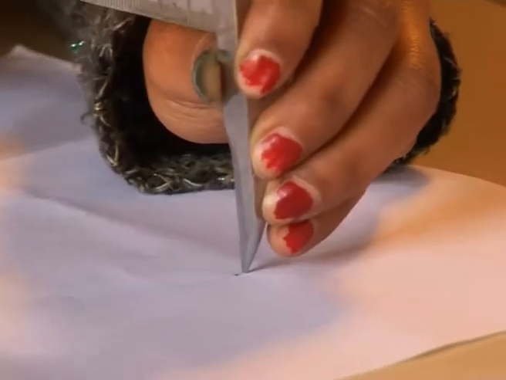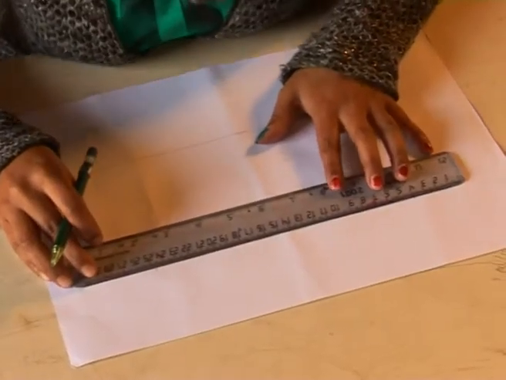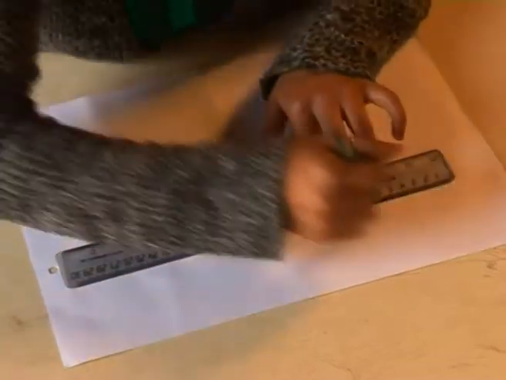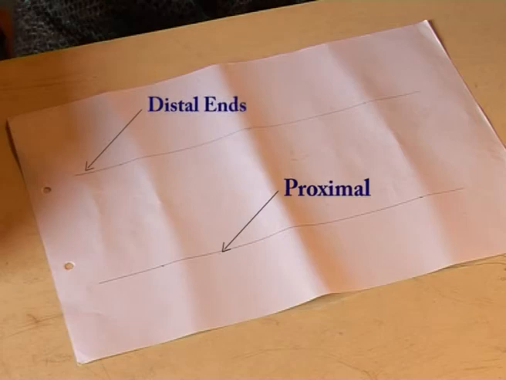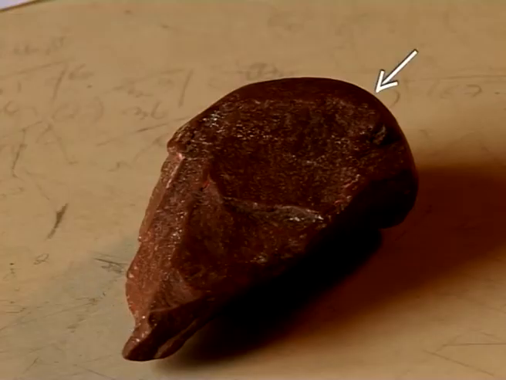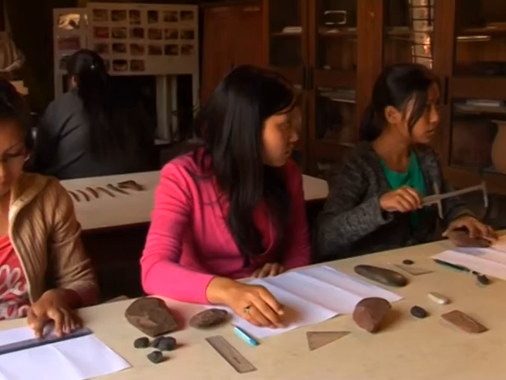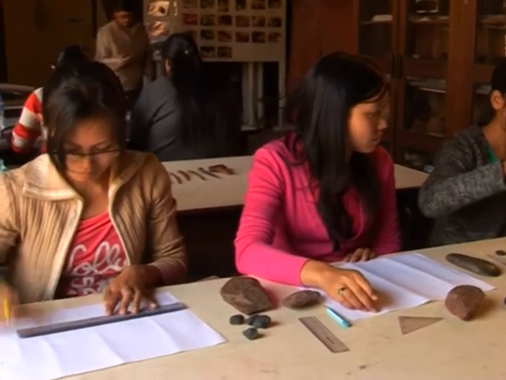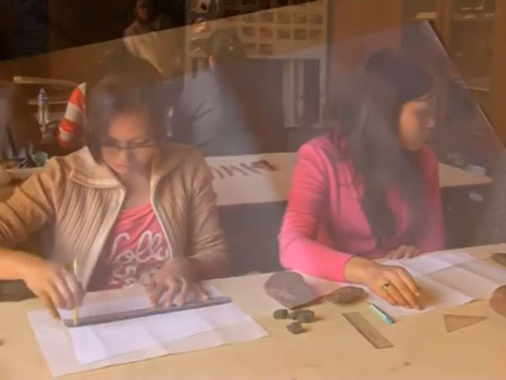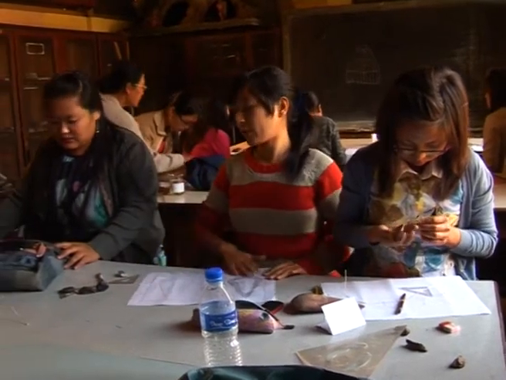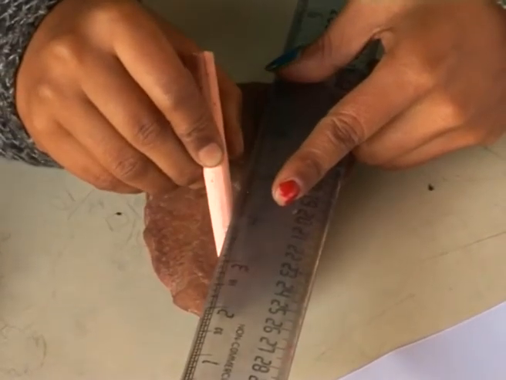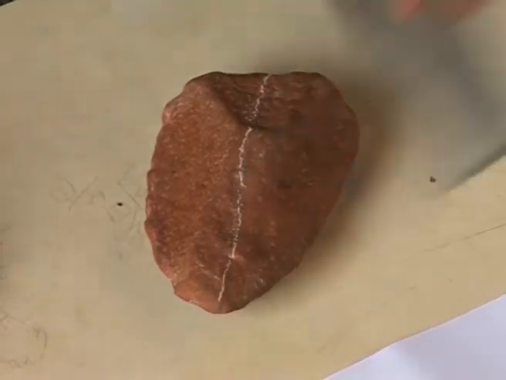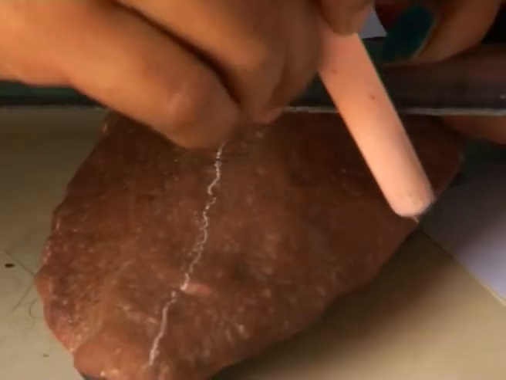Thereafter, each student should draw 2 horizontal straight lines on their drawing sheets, forming the outer boundaries, proximal and distal ends, that is working tip and butt end of the given tool, but leaving some space suitable for drawing the cross-section of the same tool. Secondly, each student should draw an imaginary line across the longitudinal axis of the given tool, which dissects the specimen into two halves.